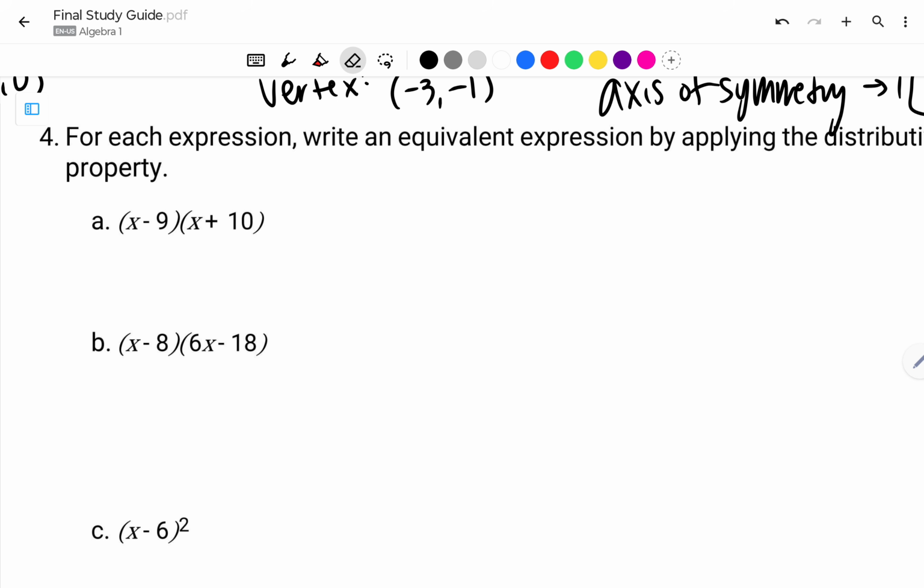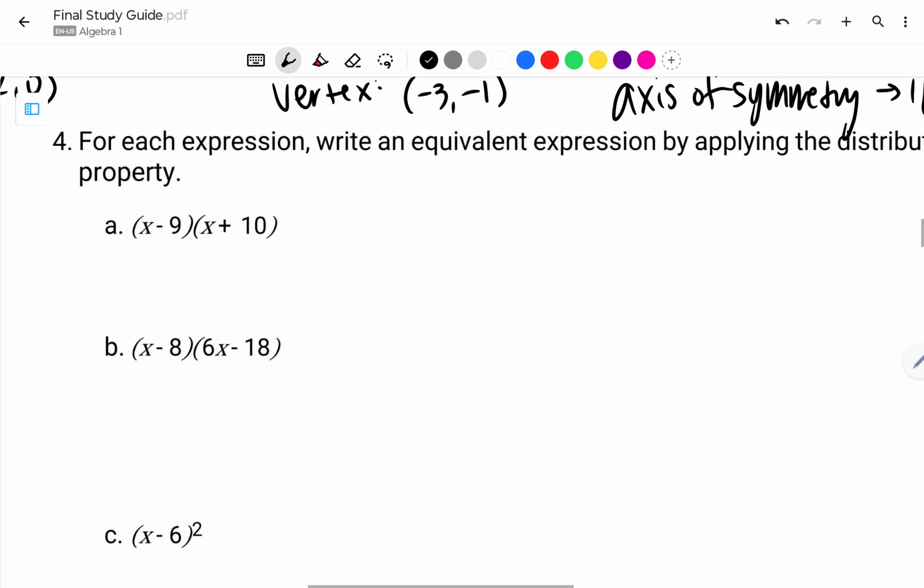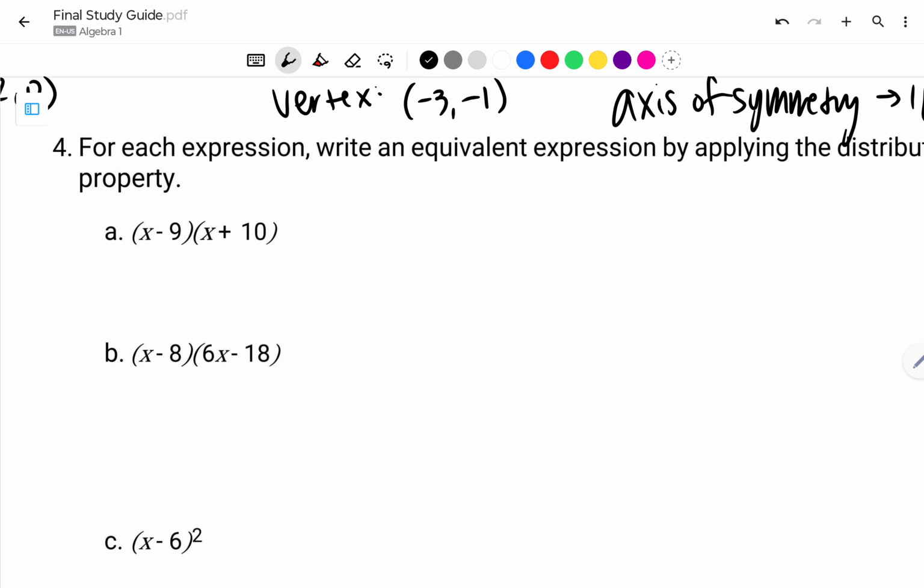This is the model that I learned. I'm not going to go over it in too much detail, again, I'm pretty sure I made a video on this. I don't remember. I made too many videos. So you take this term, multiply by that. So that's going to be x times x, that's x squared. I take x, multiply by positive 10, that's 10x.